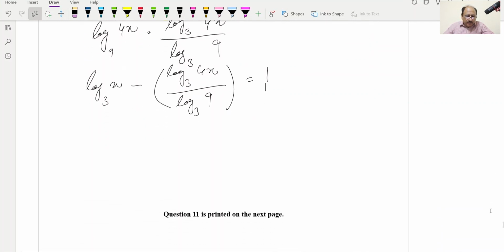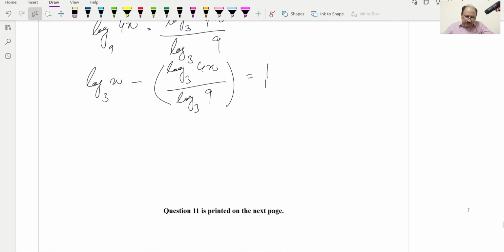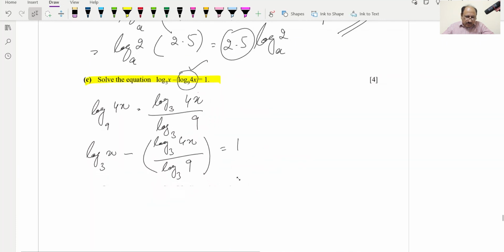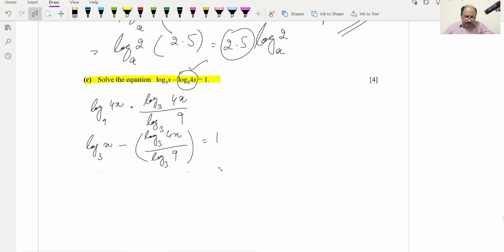Now we can rewrite it. I will reduce the size so that we can economically use the space and will not run short of space.